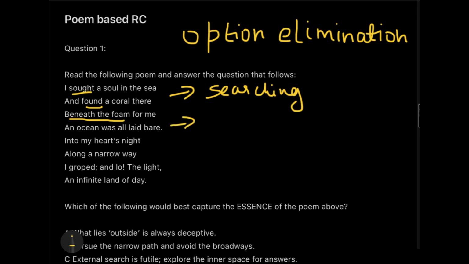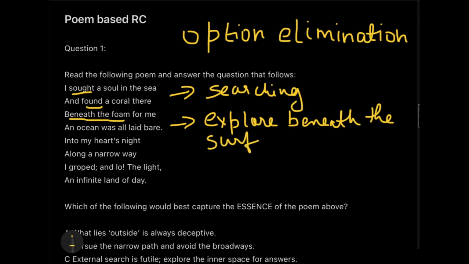So we can just summarize it as we can explore more, or explore beneath the surface. Something like this comes to my mind now. You don't need to write it in your examination. I'm just telling you the ideas which come to my mind after reading two lines.